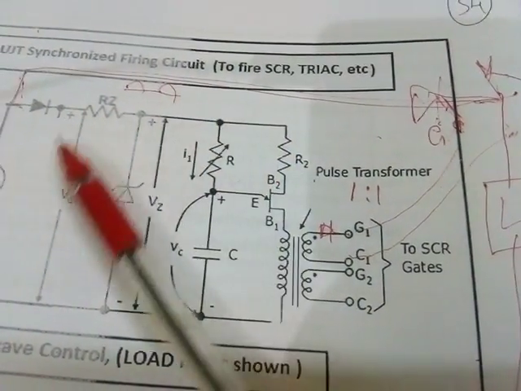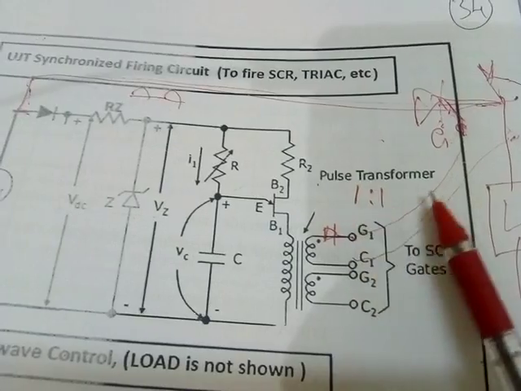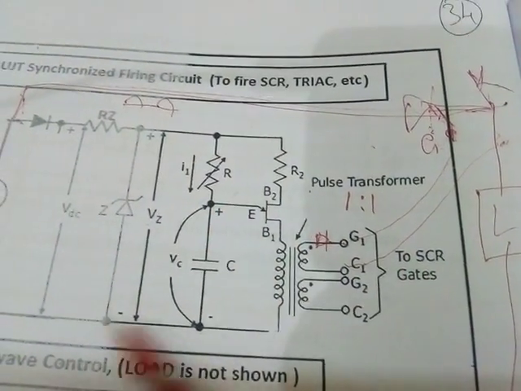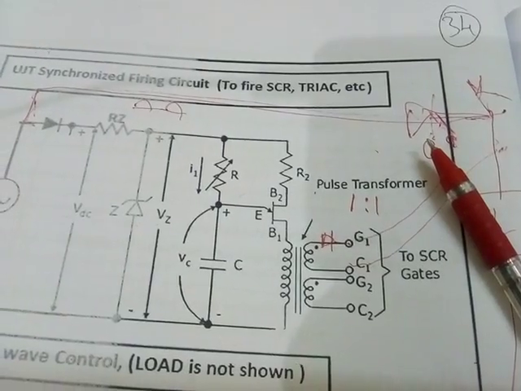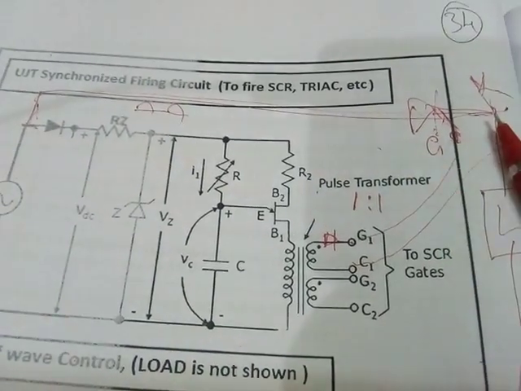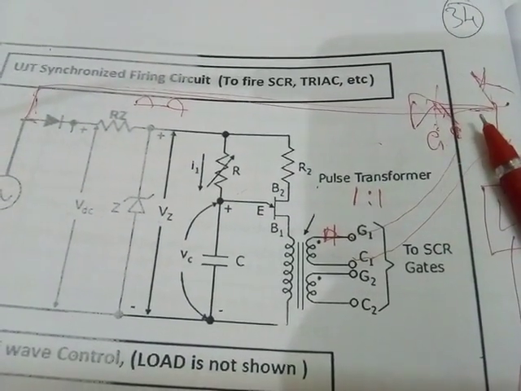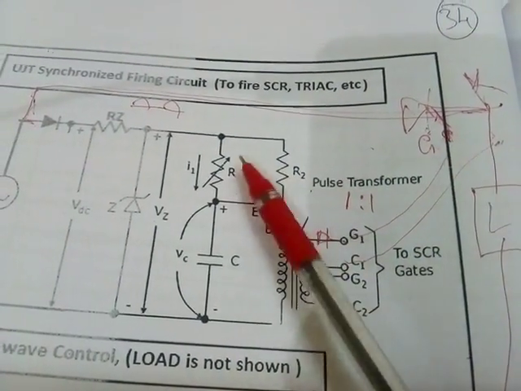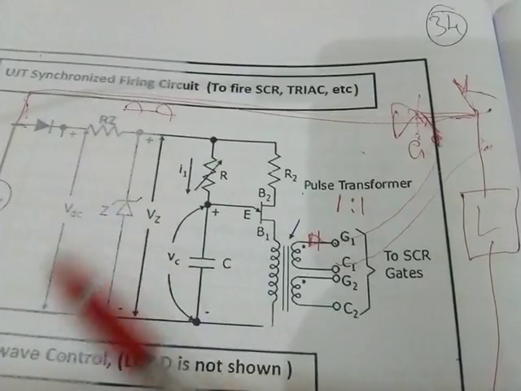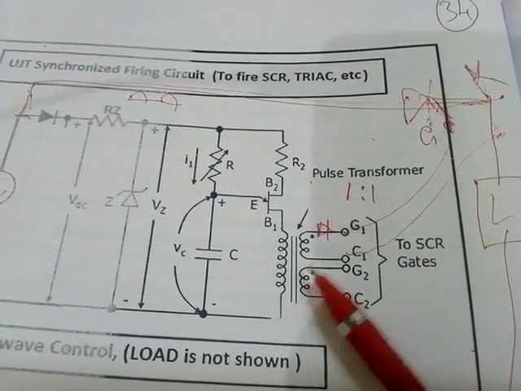Because of the pulse transformer, the firing circuit is isolated from the power circuit. The gate and cathode terminals of the SCR have no physical connection with these components, only the pulse transformer and diode.